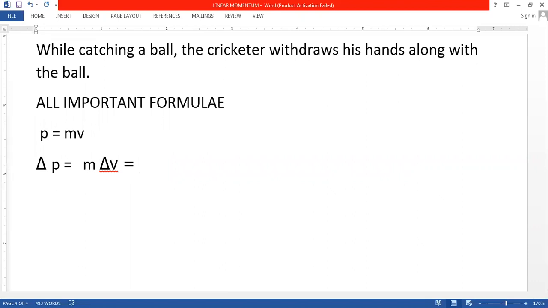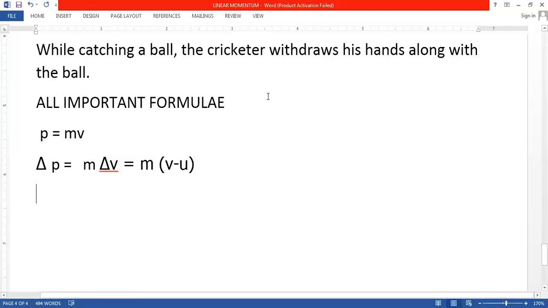Now change in velocity, how do we write it? Change in velocity is final velocity minus initial velocity. So it's the same formula because we don't use delta v, we use v minus u. So delta p is equal to m delta v, which is nothing but m times v minus u.